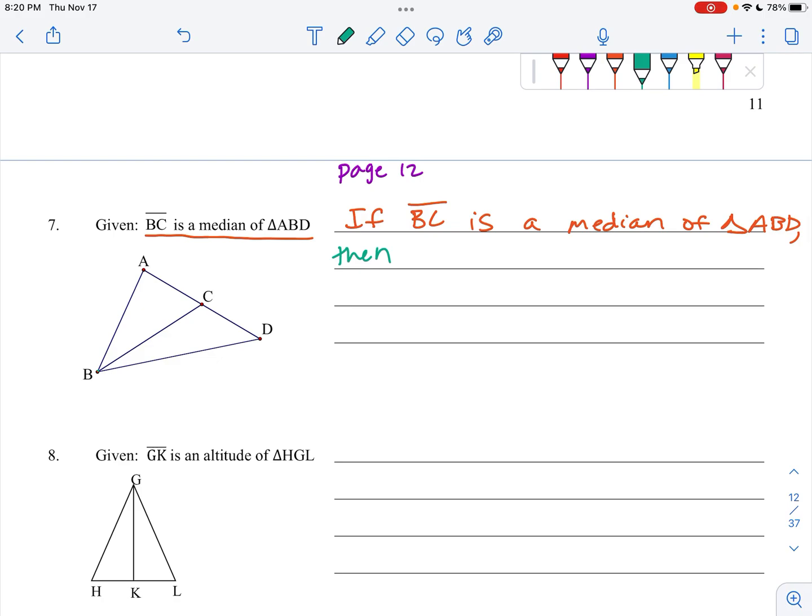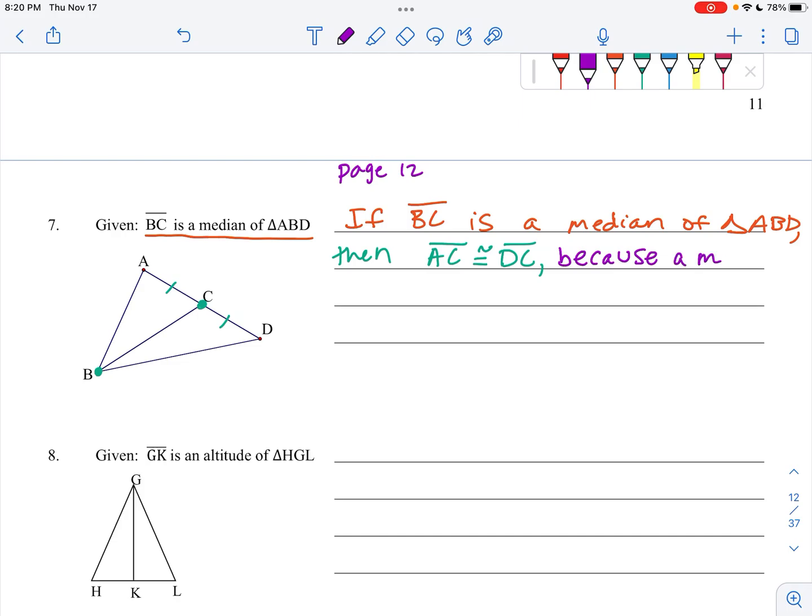So I know that a median connects a vertex to a midpoint. And if this is a midpoint, then these two pieces are congruent. So my conclusion is that AC is congruent to DC. And then my reasoning, my because, explains what a median is and why that makes me say those segments are congruent.